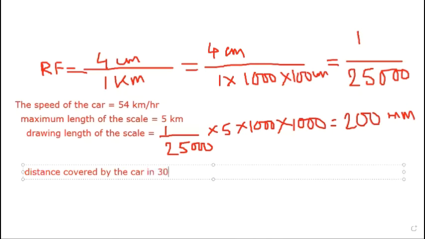The speed of the car is 54 kilometer per hour, and because the time is given in minutes, the distance covered is 54 by 60 into 3.5.